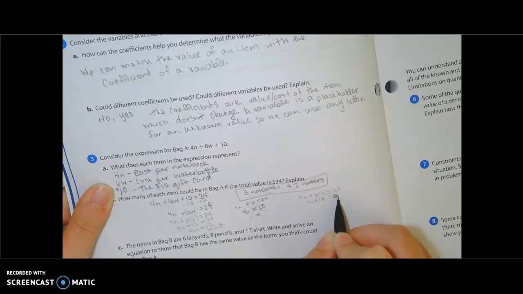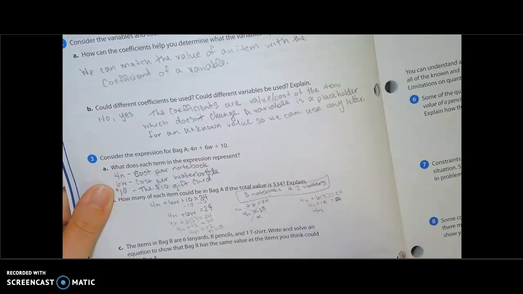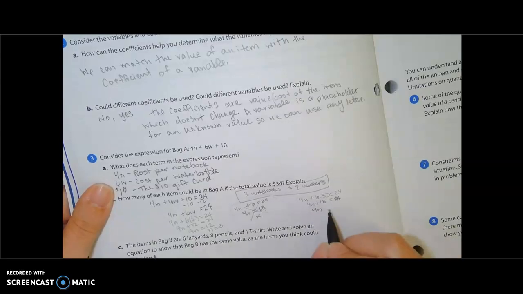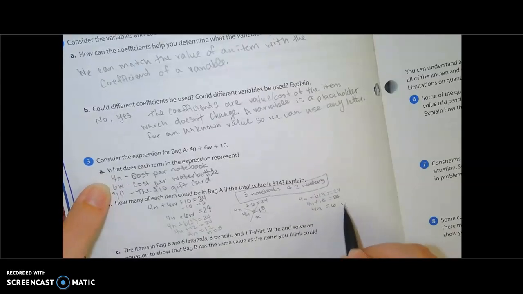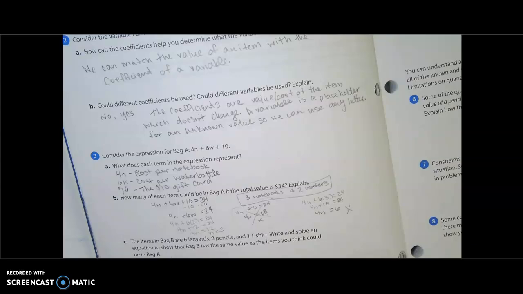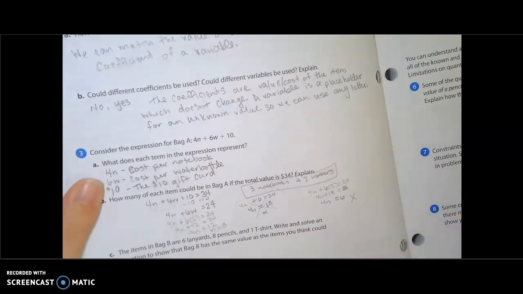Subtract the 18, and 24 minus 18 only leaves me with 6, and 4 doesn't go into 6 evenly. If I do 4 water bottles, then we're at 24, and we already know there's supposed to be notebooks in there. However you want to word why it doesn't work any other way is up to you.